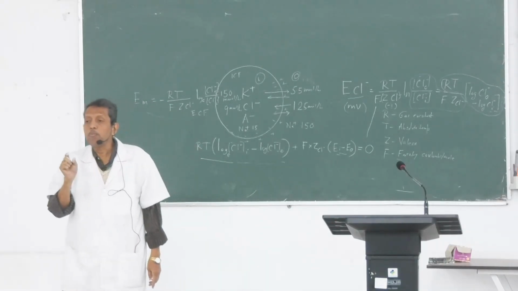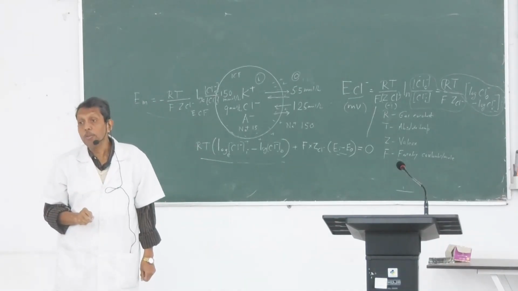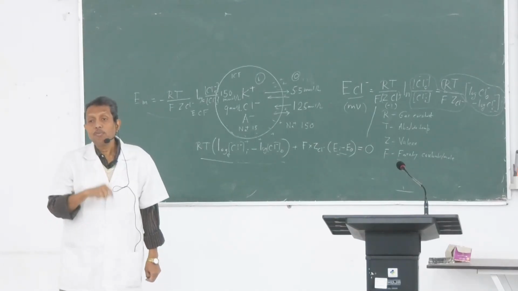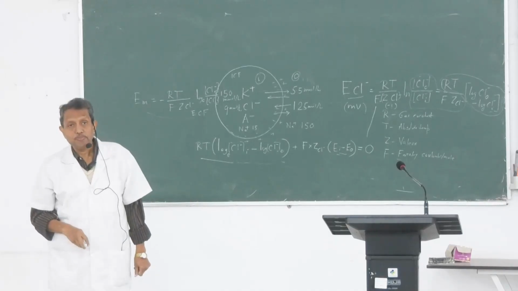Now you put in these numerical values and convert this natural logarithm to base 10 logarithm.